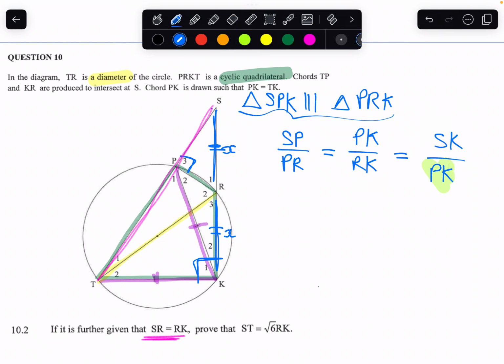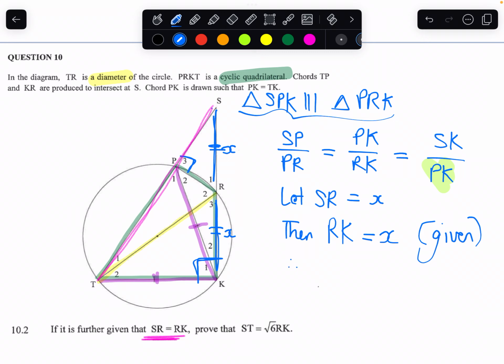So what I'm going to say is let SR be x. Then we've been told that RK will also be equal to x. We've just been given that information. And so therefore SK will be x plus x, which is 2x.